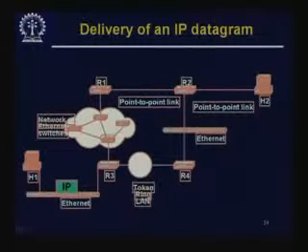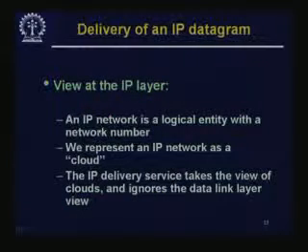Naturally, when you look at it from a data link layer point of view, all these switches become visible, whereas at the IP layer only the routers and the networks will be of main concern.